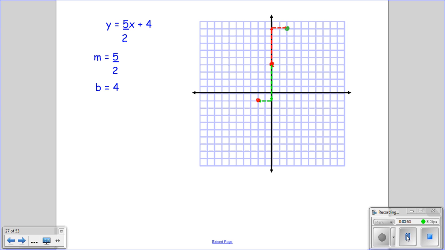And then we will draw our line through those points. You can either go up and to the right or down and to the left. With a positive slope, either both have to be in a positive direction or both have to be in a negative direction.